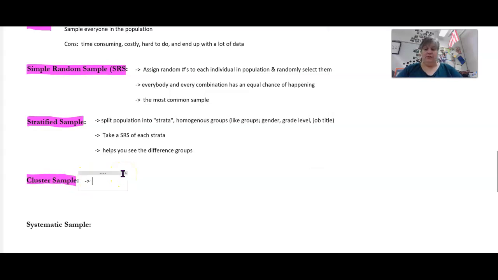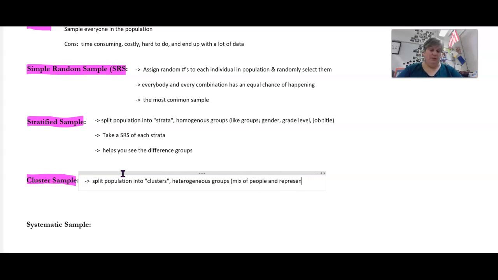Okay. The next one is a cluster. For a cluster, what you do is you split the population into clusters, which are heterogeneous groups. Oh, that's not right. Heterogeneous groups. And those groups you think are a mix of people and represent the population.